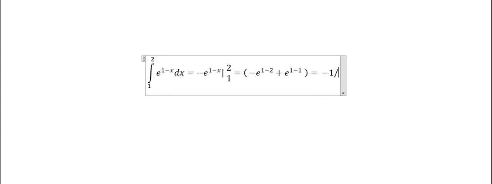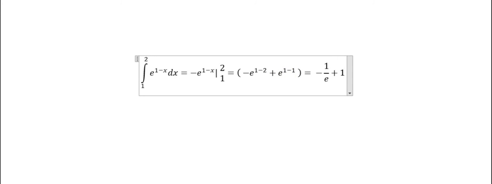And we get minus e^(1 minus 2) plus e^(1 minus 1), and the answer here is minus 1 over e plus 1.